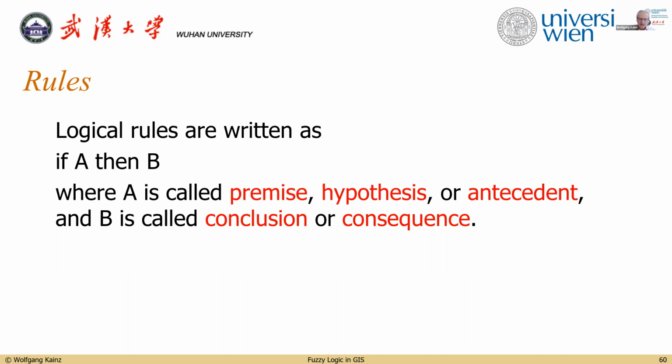An example of such a rule could be, if it rains, then I get wet. So it rains is a statement, and I get wet is another statement. So the premise or hypothesis is it rains, and the conclusion is I get wet. So this is the way how rules are normally formalized. And the same way it works also in fuzzy based systems. We will discuss that in a minute. So these are the rules.